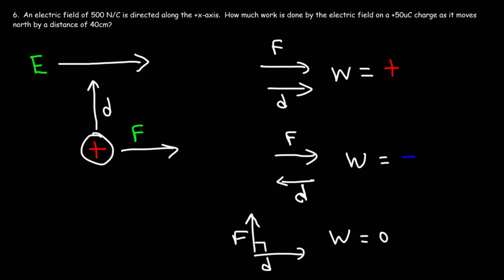All we know is that it did. So if the force is trying to push it east, but it's not moving east, it's going north for whatever reason, this force has done no work on that charge because these two are perpendicular. So that's the answer for this problem. The work done is 0.